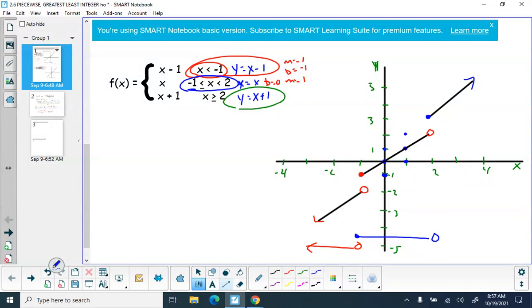That should give us a solid dot at the endpoint, going upwards to the right with a slope of 1.